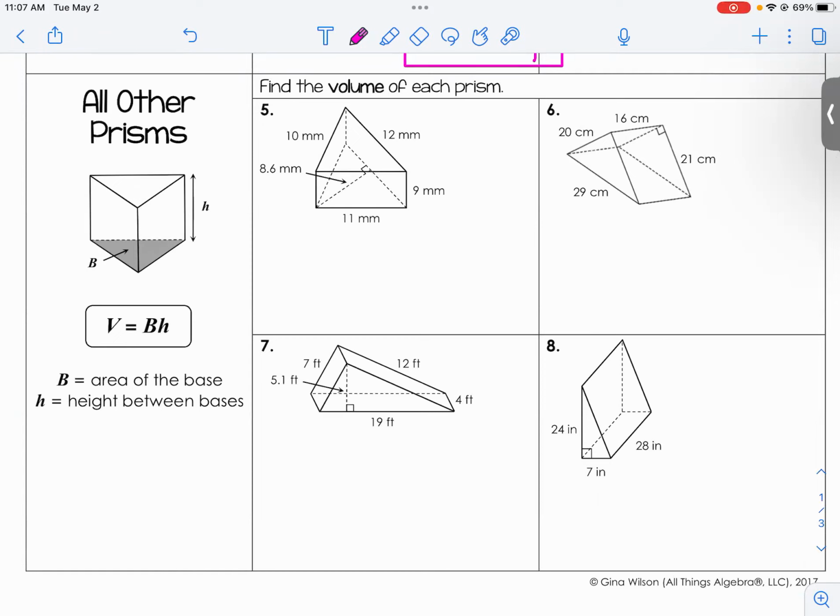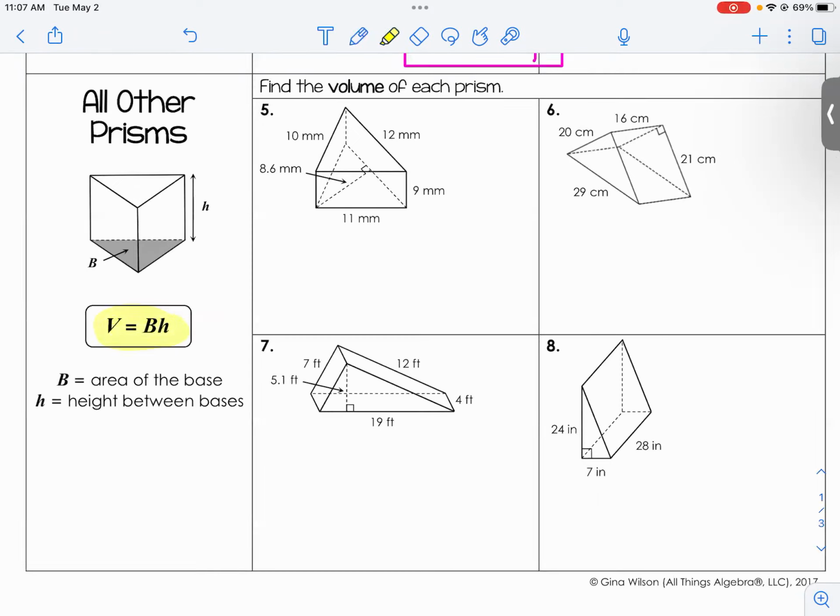Okay. So really, if we have a prism, the volume is the area of the base times the height. That's what we do. Now, technically we did that up here because the area of a rectangle is length times width, and then we multiply by the height.